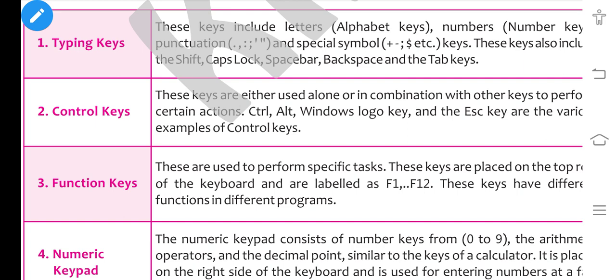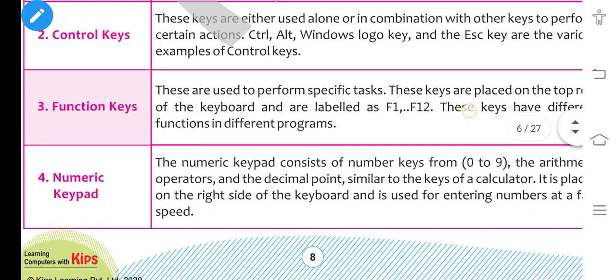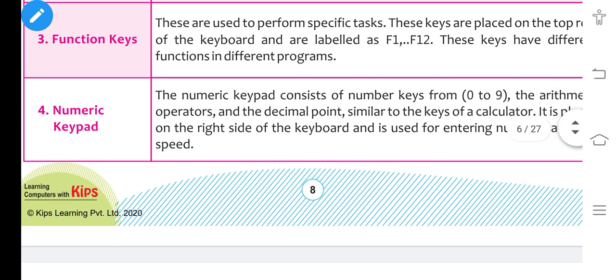Function keys are 12 in number: F1, F2, F3, F4, F5, F6, F7, F8, F9, F10, F11 and F12. These function keys are located on the top of the keyboard.